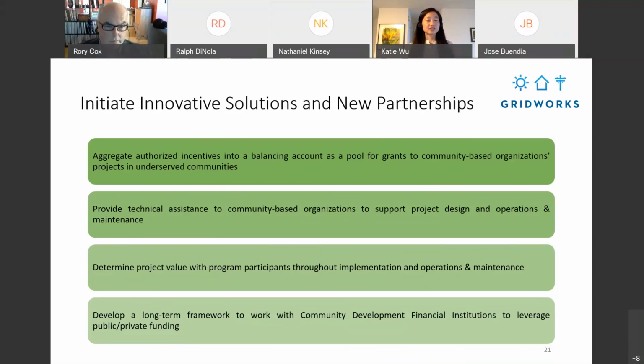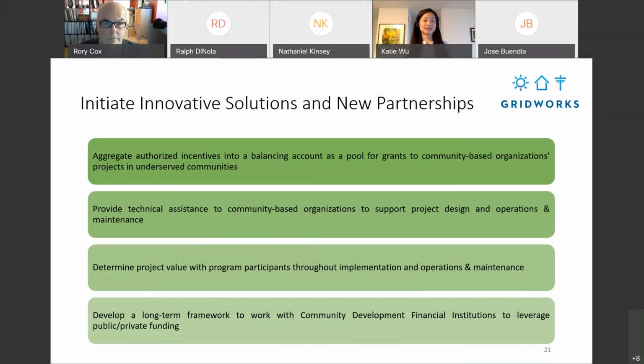And lastly, I think developing a long-term framework to work with community development financial institutions is a great opportunity for the energy industry. I think that this challenge of leveraging public and private funding has been long-standing within the energy industry. And as I understand, it's something that the industry is still working on.